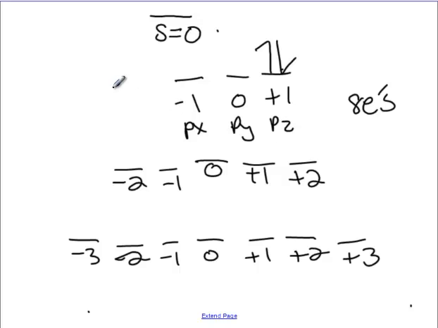So there are 2 electrons in the 5p that can have a +1. There are 2 electrons in the 5d because one of the d's can have a +1, and there are 2 electrons in the 5f because 2 of the f orbitals can have +1.